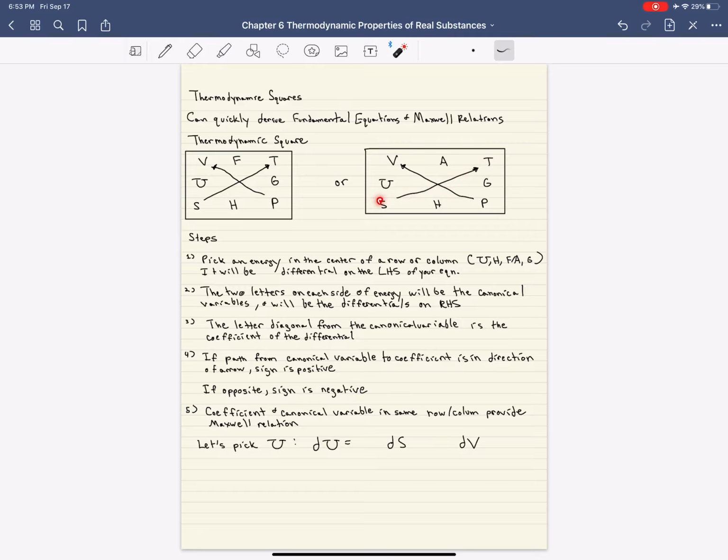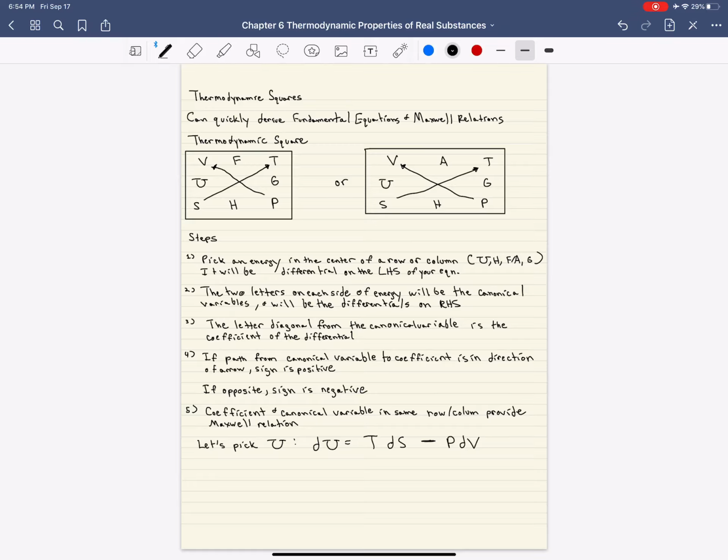For S, diagonal from it is T. For V, diagonal from it is P. When we went diagonal from S to T, that was in the direction of this arrow, so T is going to be positive. But when we went from V to P, we went opposite the direction of the arrow, so P is negative.